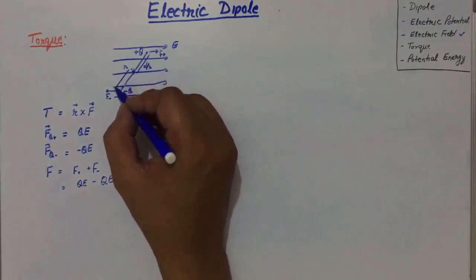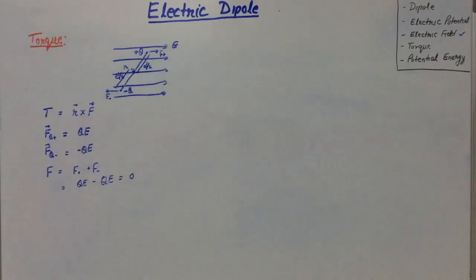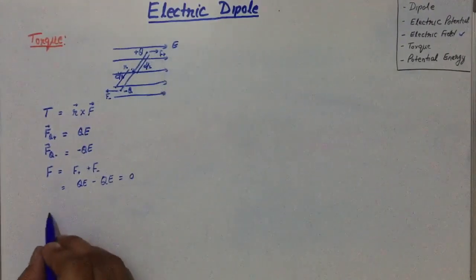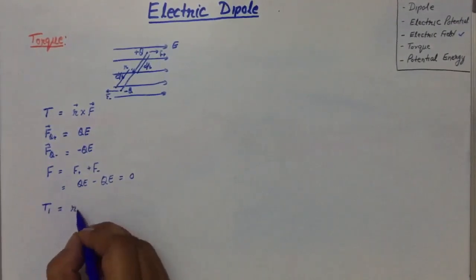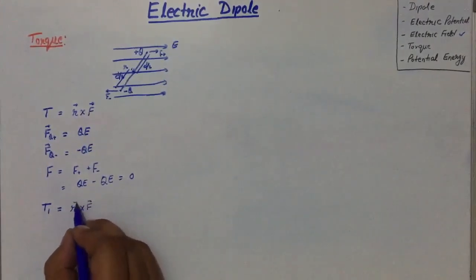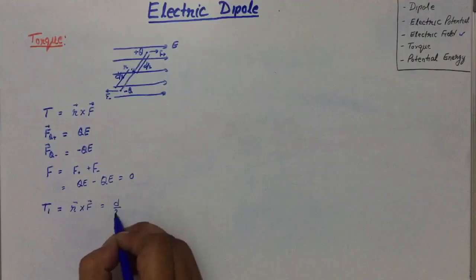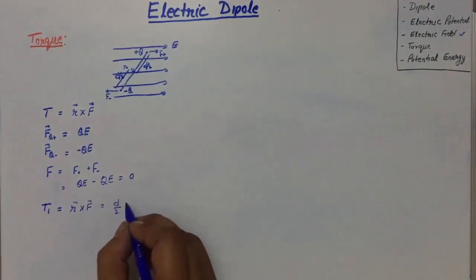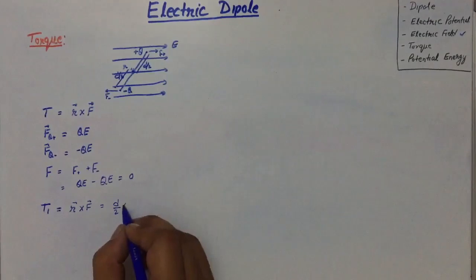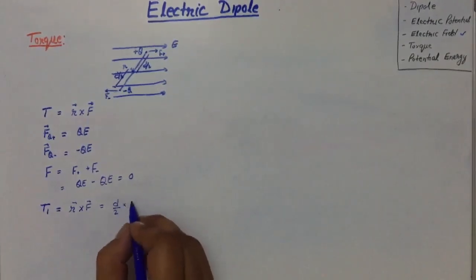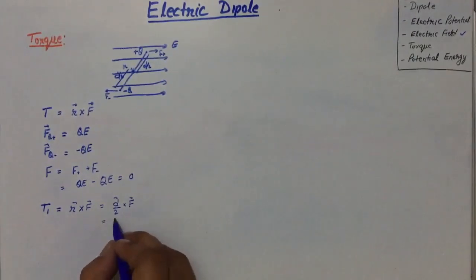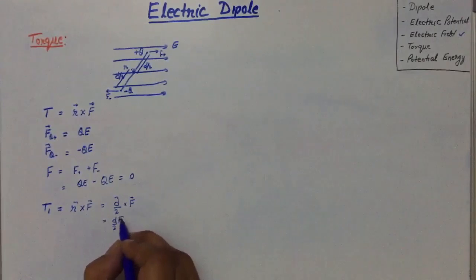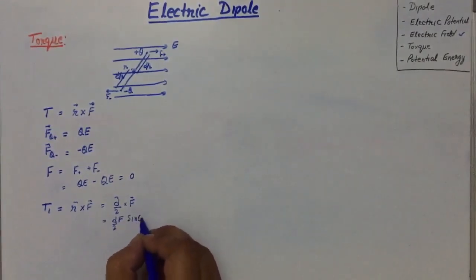So the torque 1 can be written as R cross F, that is d by 2 cross F, or d by 2 F sine theta.